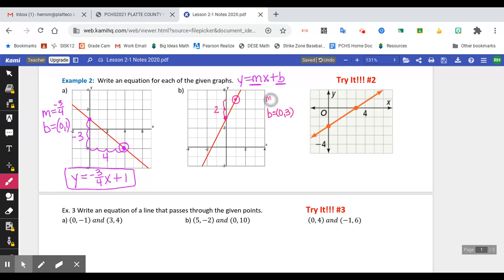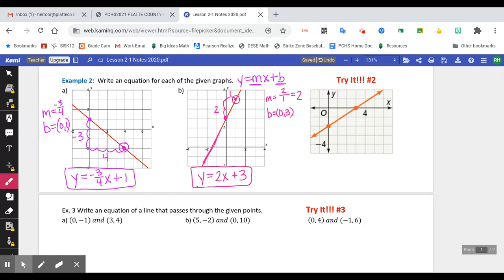So my m is going to be 2 over, and then I'm going to go over 1. So 2/1 equals 2. And I'm going to write my equation. Y equals m, which is 2, x stays, and then +3 for my intercept. Y equals 2x plus 3. That's the equation of the red line in this picture.